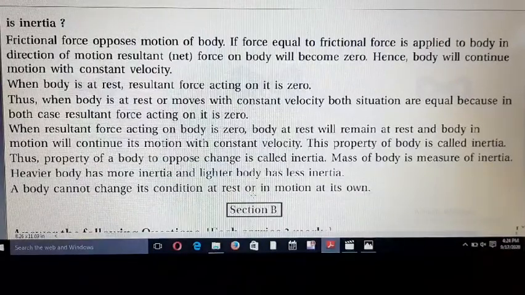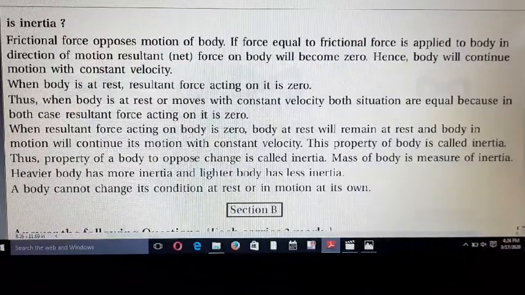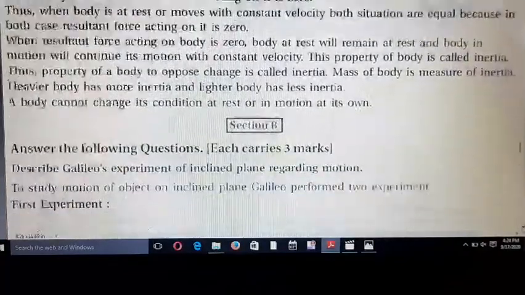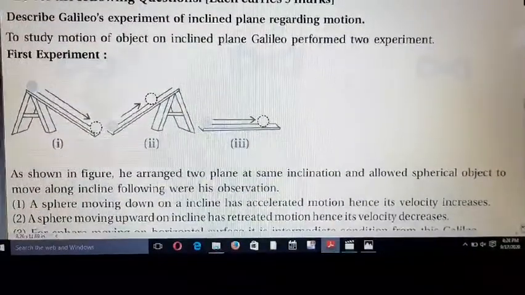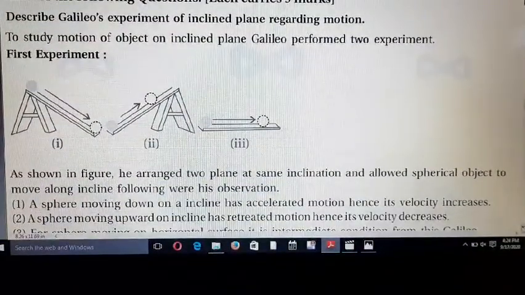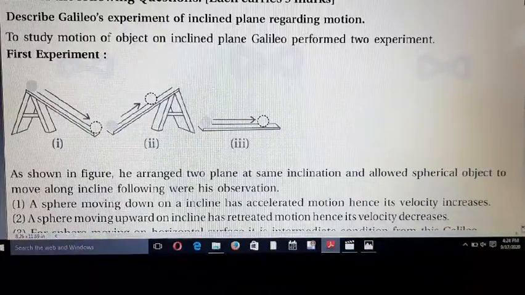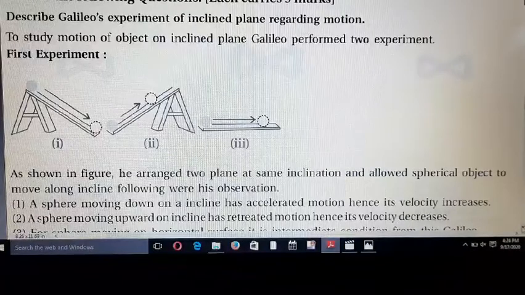So friends, you understand what inertia is. Our next question is, describe Galileo's experiment of the inclined plane regarding motion.